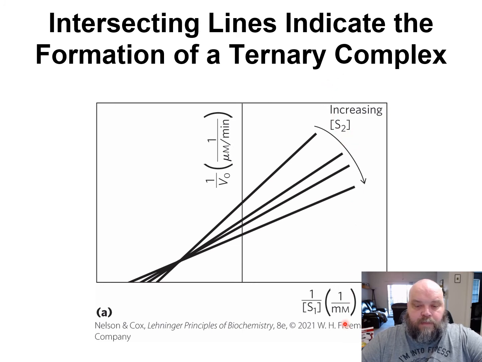If you have E plus S1 and at some point in time S2, or E plus A and sometimes later B, the rate is actually, this is going to become more and more shallow as you increase this. Because remember, this is looking at the reaction rates.